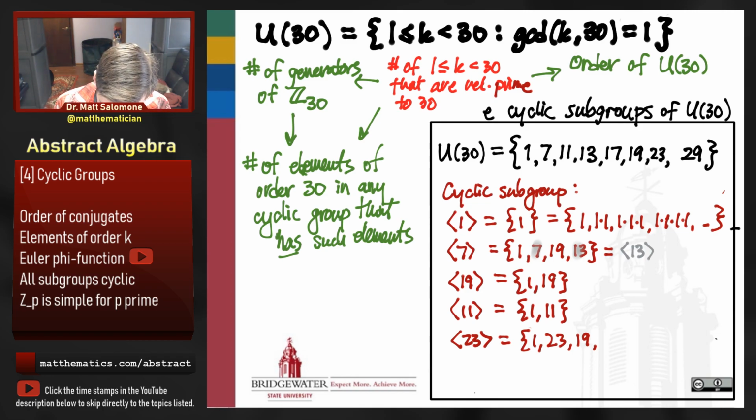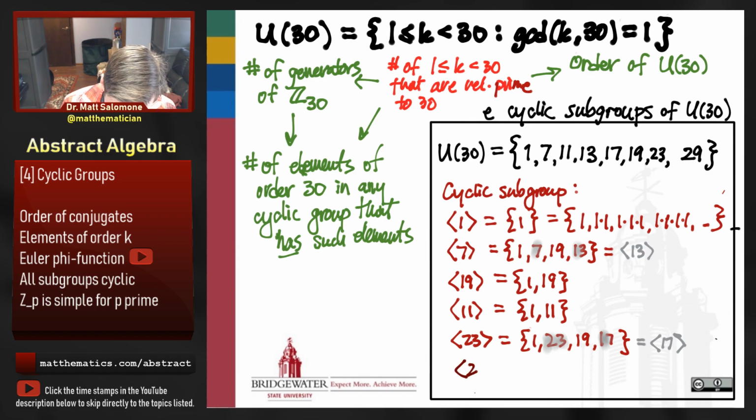And then if I multiply that by 23 one more time, that's going to bring me back to 1. And so the cyclic subgroup generated by 23 is 1, 23, 19, and 17. And again, because 17 is a generator for this group, so is its multiplicative inverse, 23. We know now what all of the cyclic subgroups of this are.